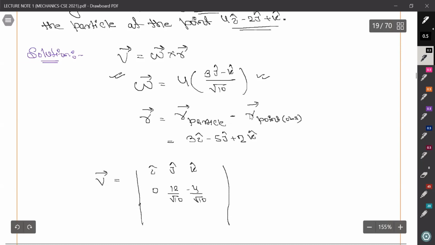That is omega we are writing here. And here the position, where 3, minus 5 and 2. Using this, you can come to 4 root 10 i cap minus 3j minus 9k cap easily, right? You can also find its magnitude, you know.